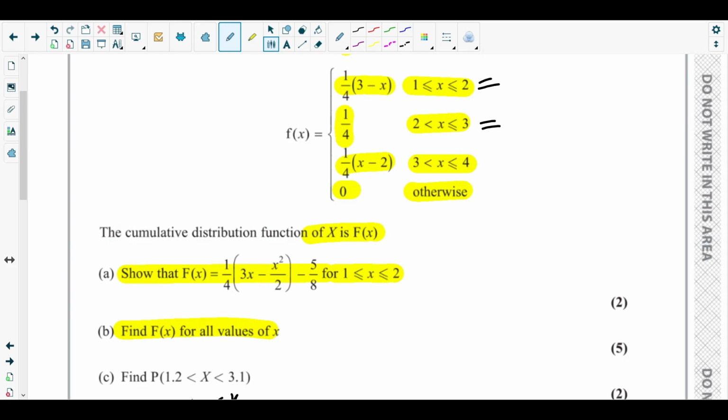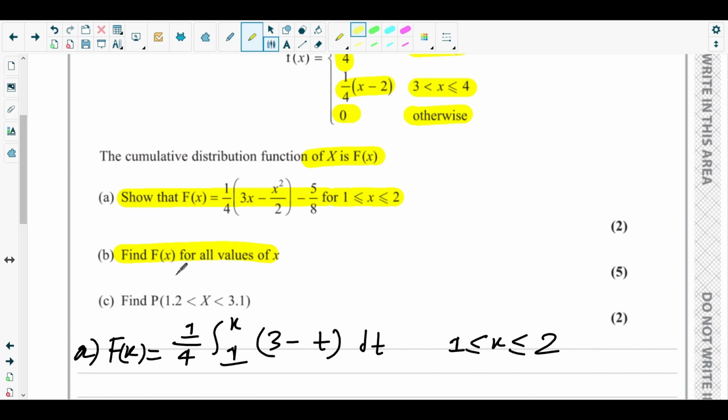Fine. Okay, next is part C. In part C, the question is asking to find the probability of x greater than 1.2 and less than 3.1.